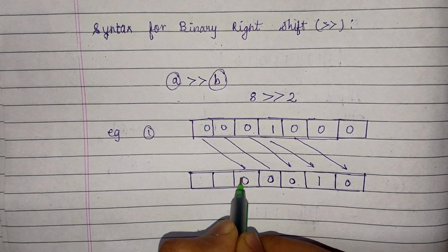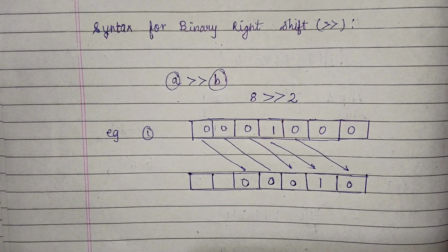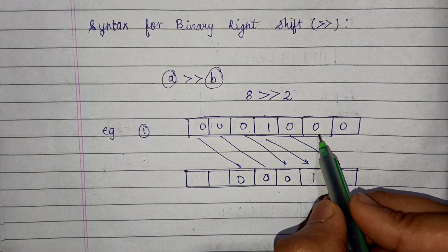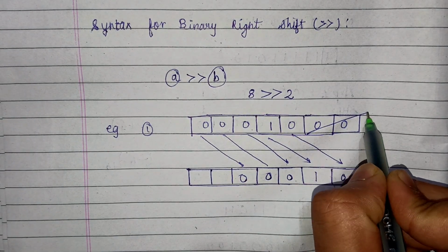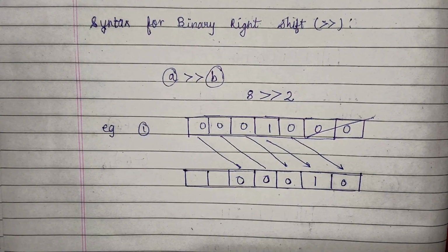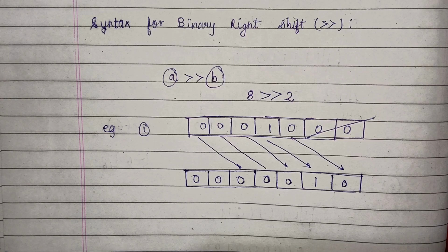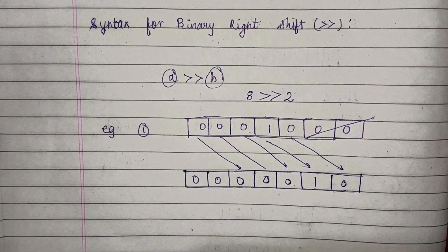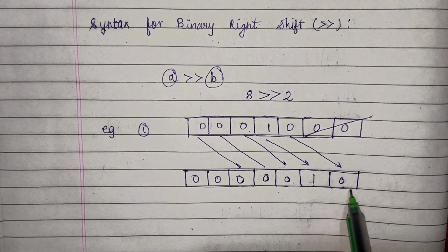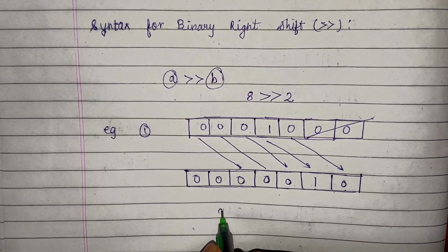The last two bits get discarded and the remaining spaces are filled with zeros. So the result is 0 0 1 0, and the decimal representation of 10 is 2.